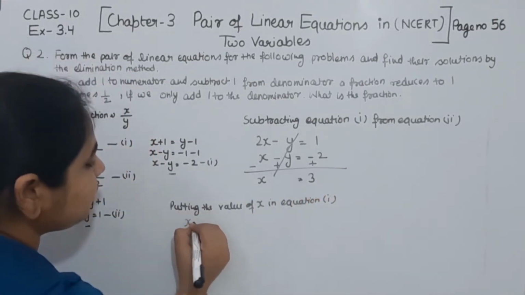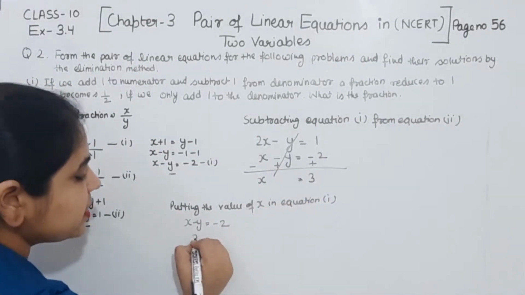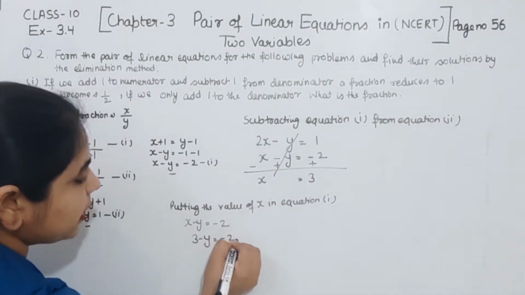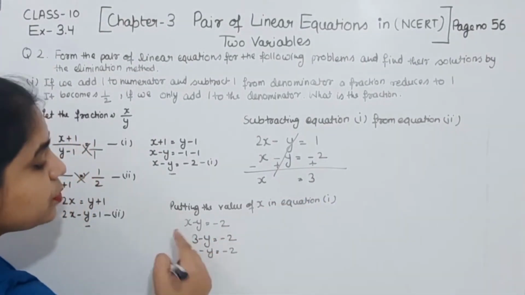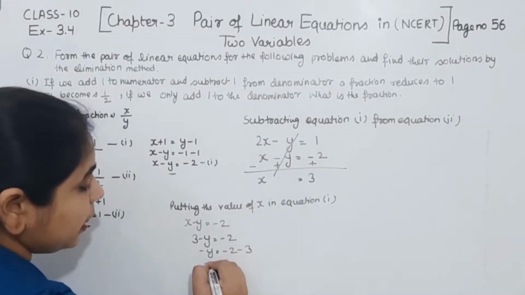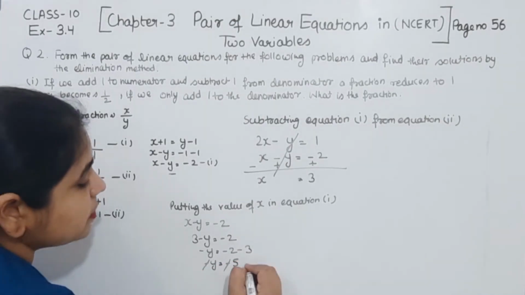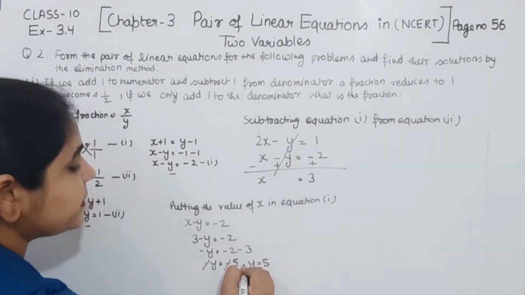Equation number 1 is x minus y equal to minus 2. The value of x is 3, so 3 minus y is equal to minus 2. Minus y is equal to minus 2 minus 3, so minus y is equal to minus 5. So the value of y is equal to 5.